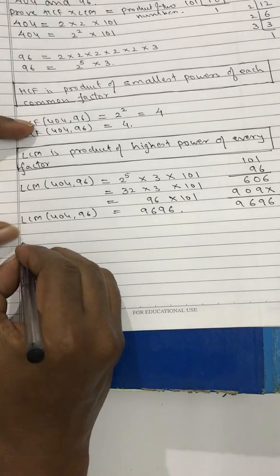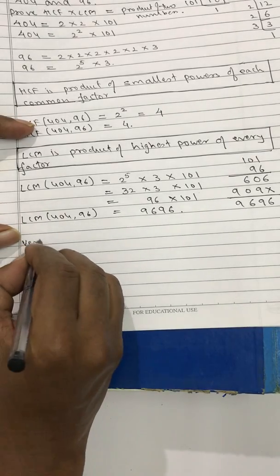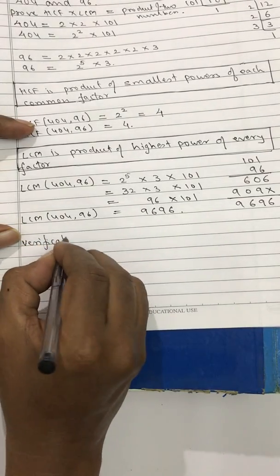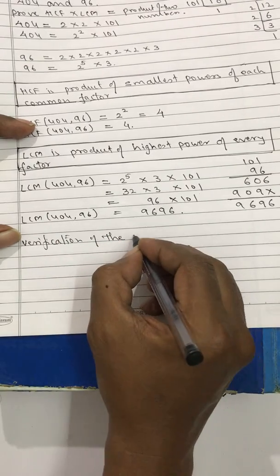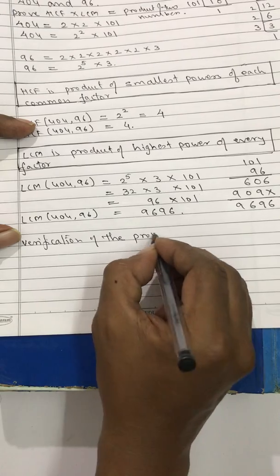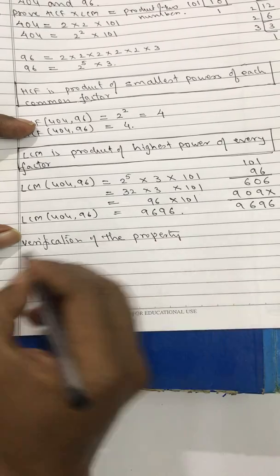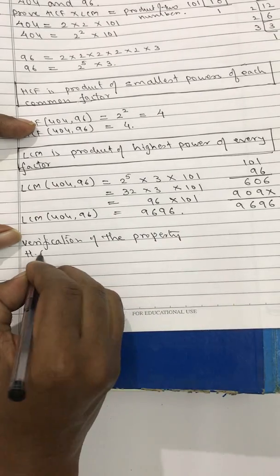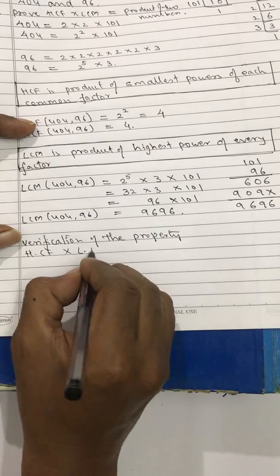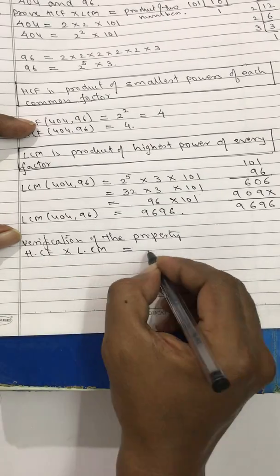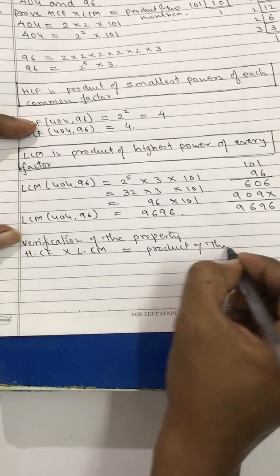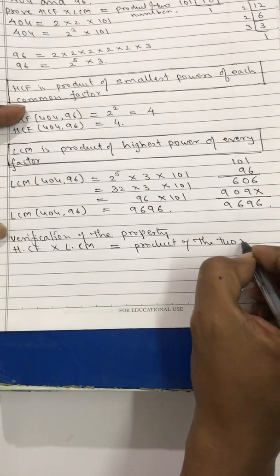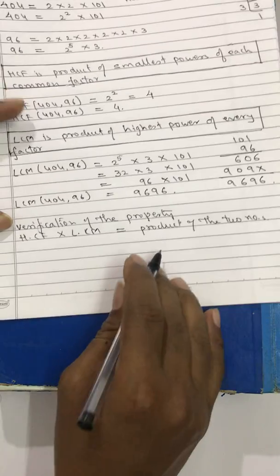So now, if I have to prove that, verification of the property: HCF into LCM is equal to product of the two numbers.